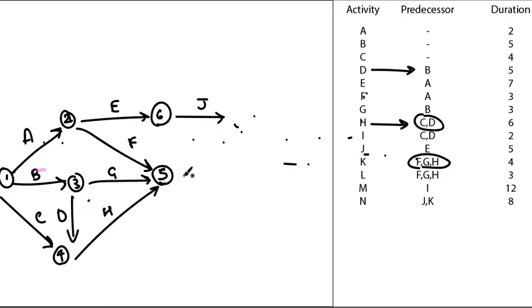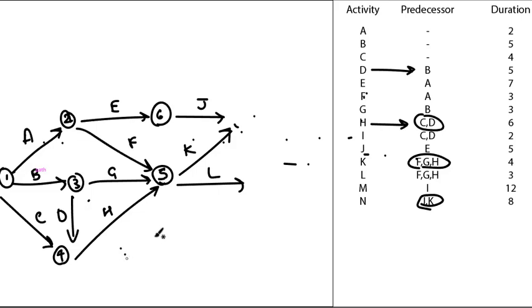K is coming from F, G, H. L is also coming from F, G, H. So this is L.